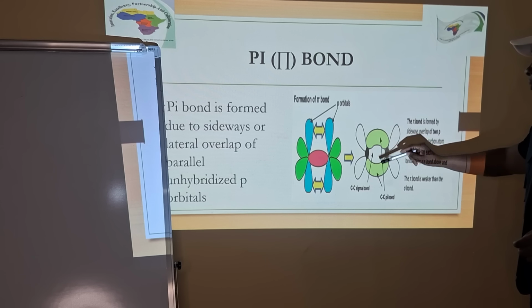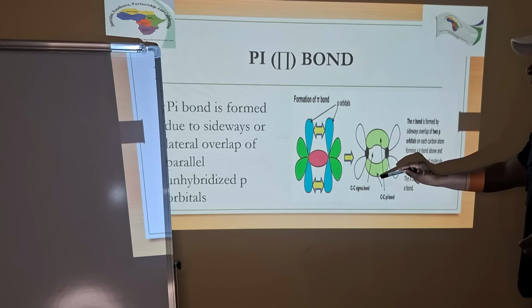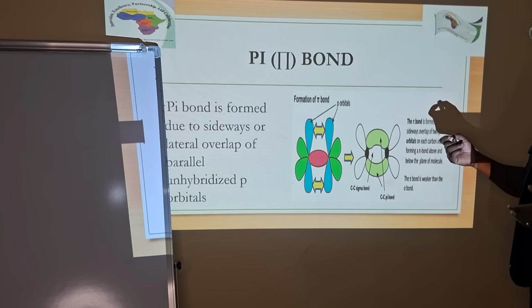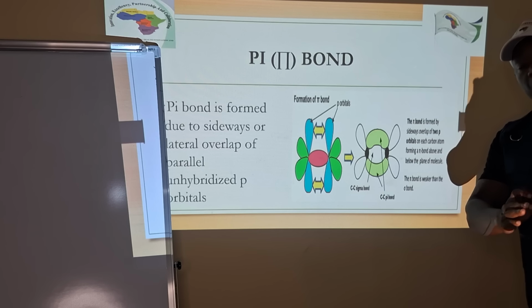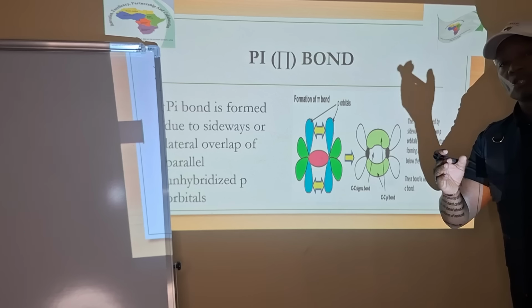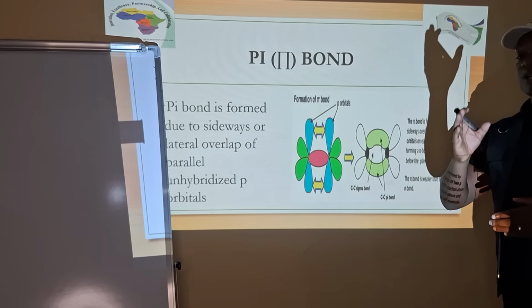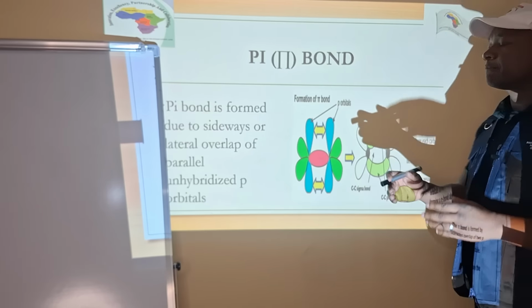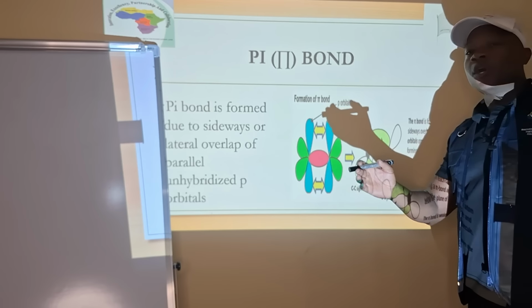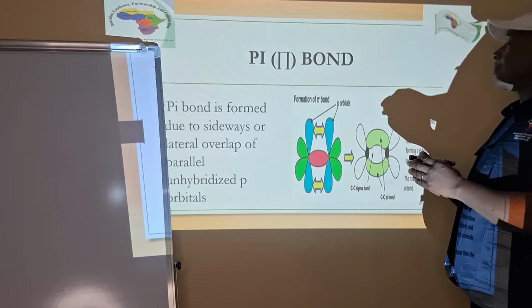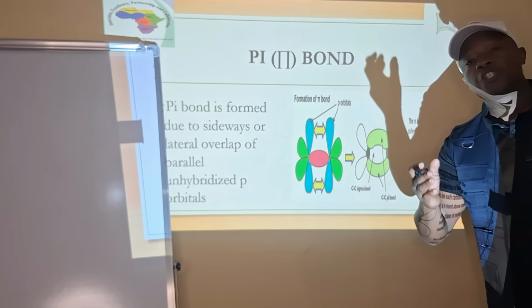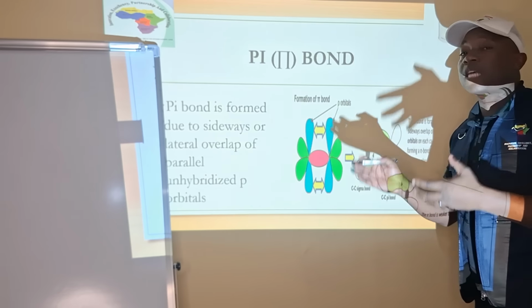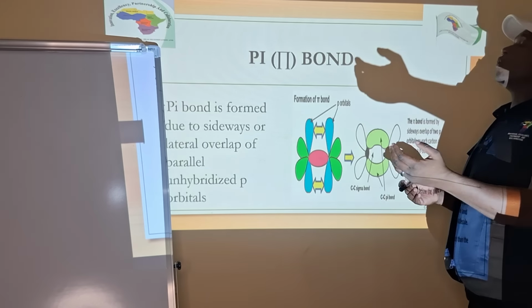As we'll see as we proceed, there are properties associated with sigma bonding, and also some properties associated with pi bonding. But what is important at this stage is to know that a sigma bond is due to head-on overlap of the orbitals, whereas a pi bond is due to lateral or sideways overlap of the orbitals.